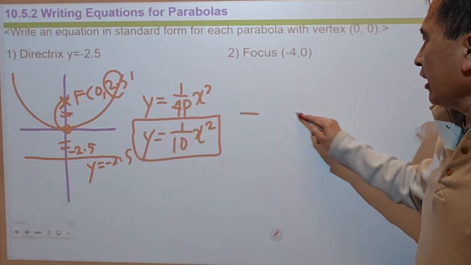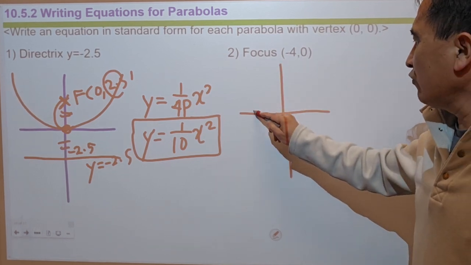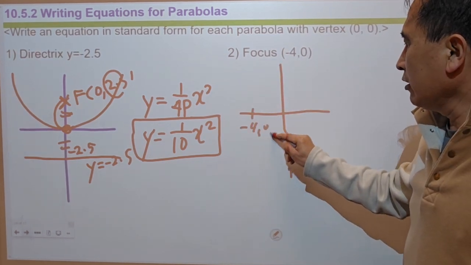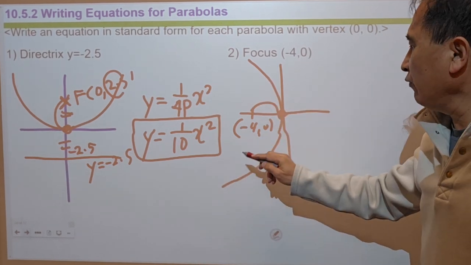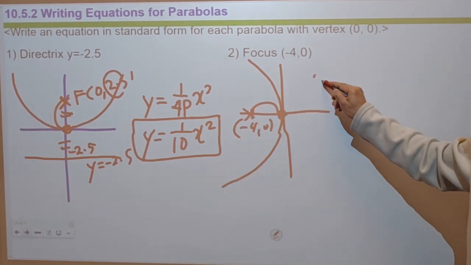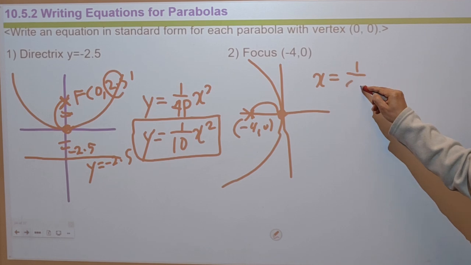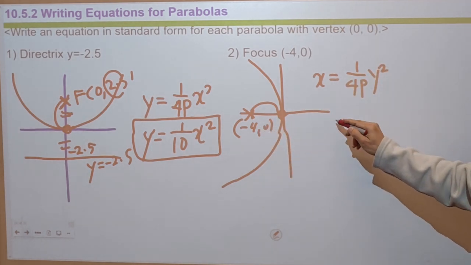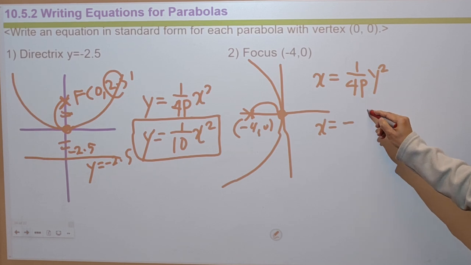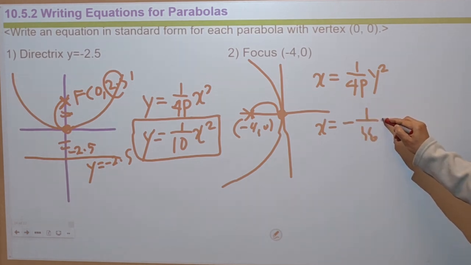And now the focus is (-4, 0), so the focus is here and the vertex is here. p is -4. The focus is on the x-axis, so x equals 1 over 4p y squared, and p is -4. So x equals -1 over 16 y squared.